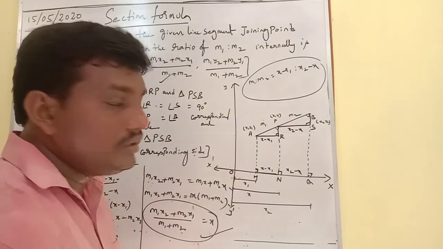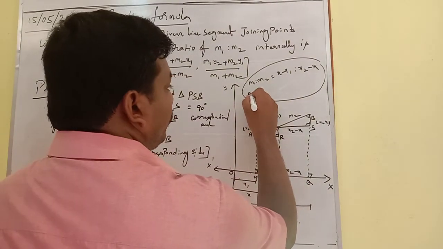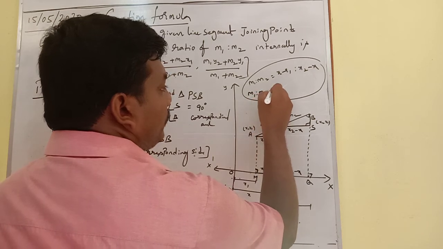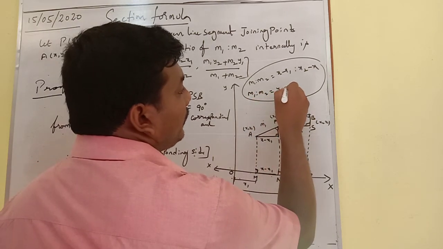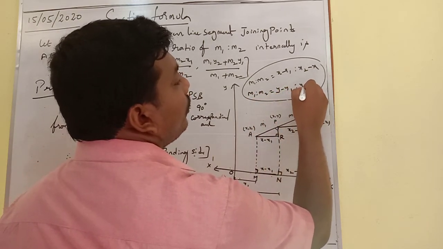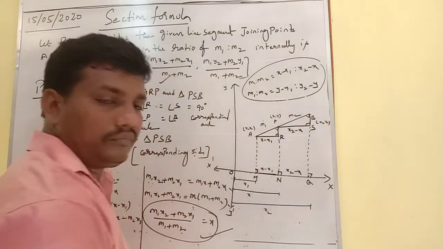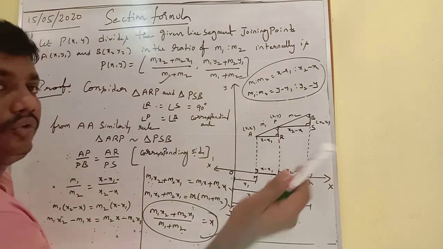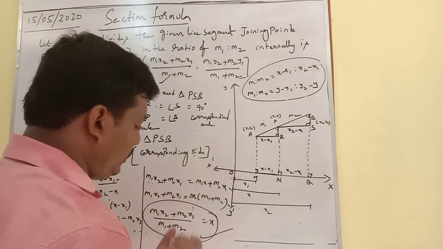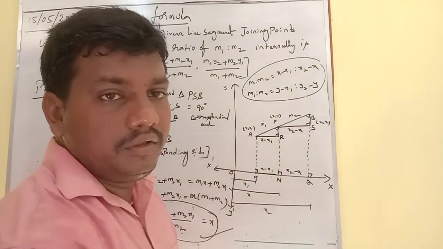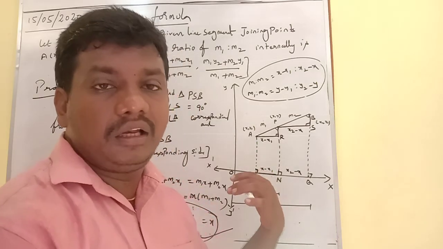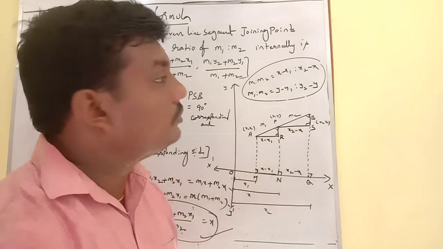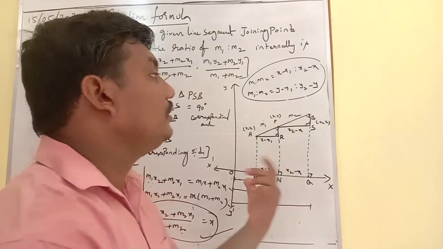We use the ratio m1 is to m2 is equal to y minus y1 is to y2 minus y. You can simplify this one. You have to derive it. If you know how to derive this formula, it is very easy to solve any type of question regarding this formula.